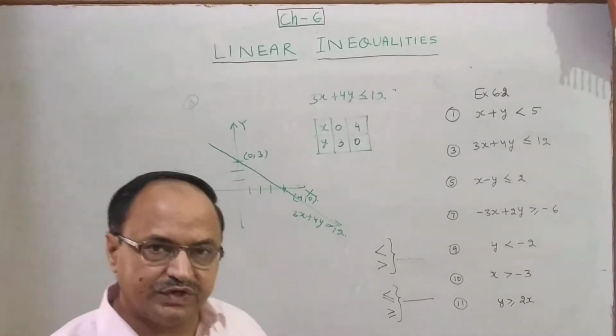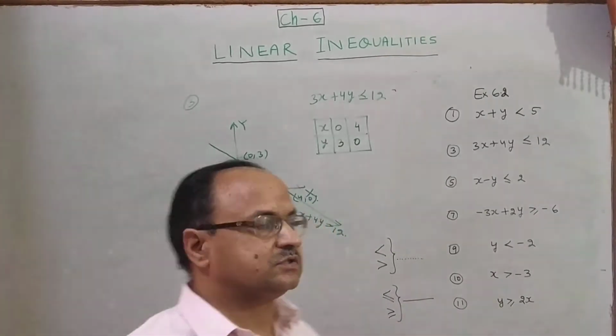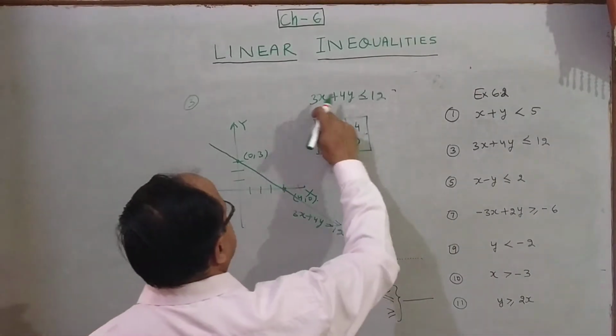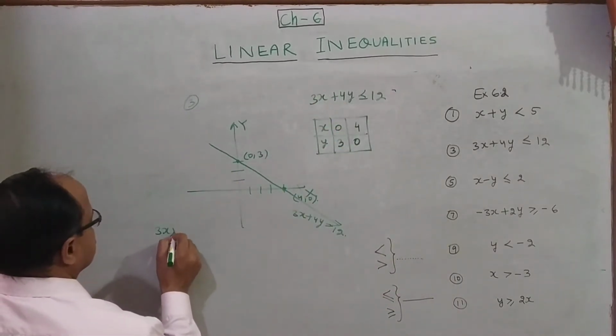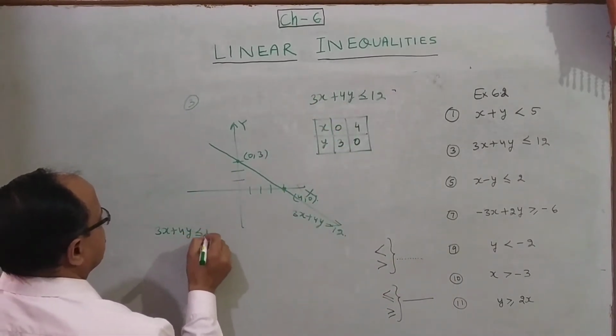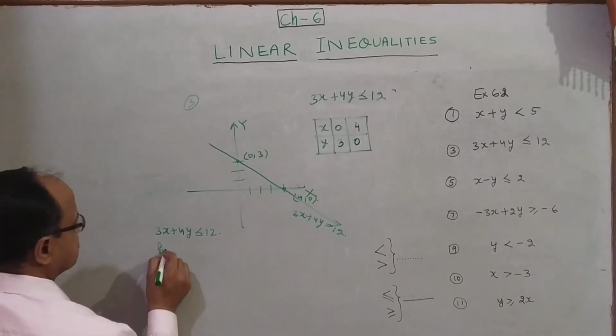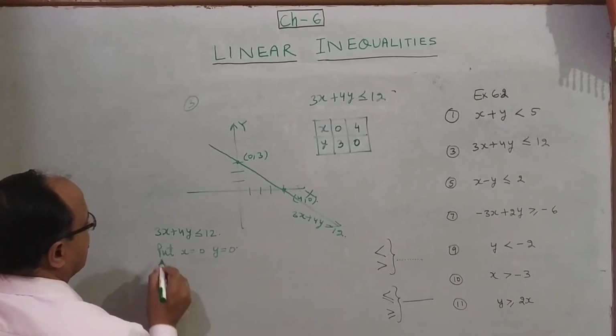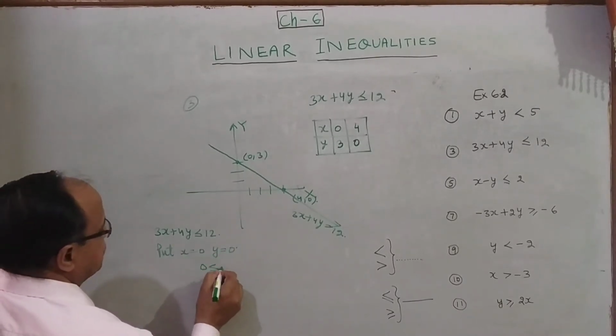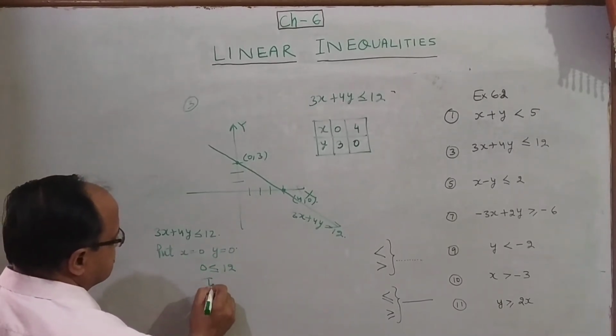Now check whether the origin lies in the solution or not. Put here 0, 0. 3x plus 4y less than equal to 12. Put x is equal to 0, y is equal to 0. Then 0 less than equal to 12. So true or false?